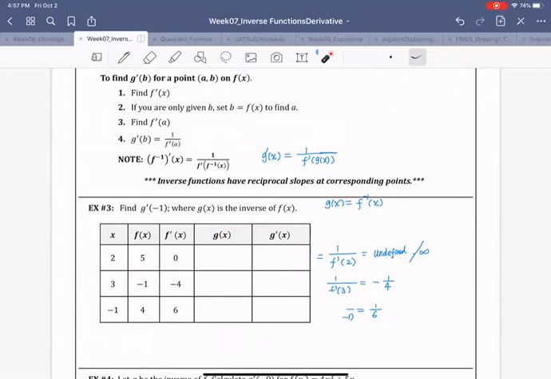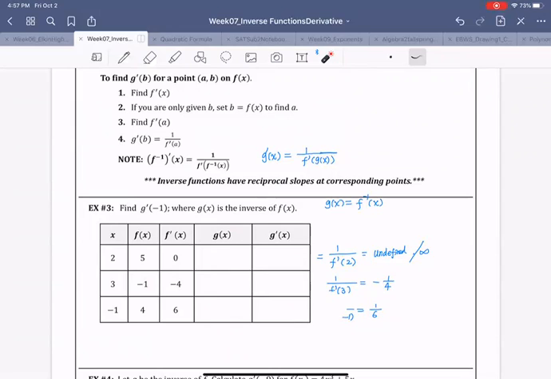I need to get that formula again. g prime of x is equal to 1 over f prime of g of x. This is one of the hard parts for the derivative.